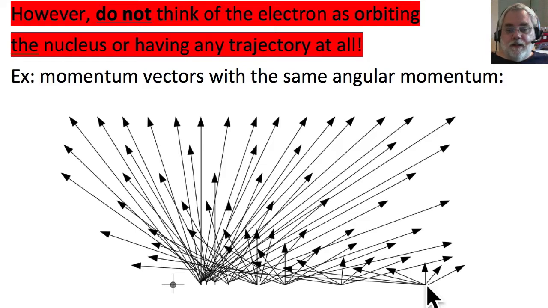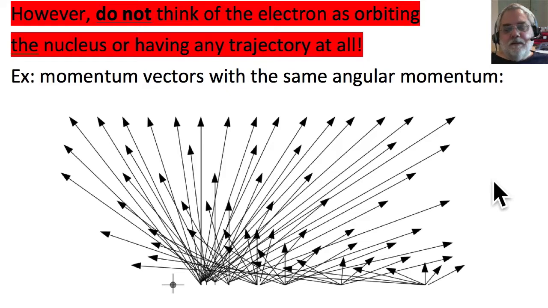It's hard to visualize because we're used to thinking of circular orbits, but an electron that starts here and has this momentum has the same orbital angular momentum as an electron that starts here and has this momentum or this momentum. So if you believe me with this chart, you should not think of an orbital angular momentum as meaning a circular orbit.